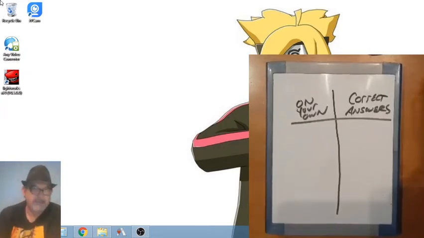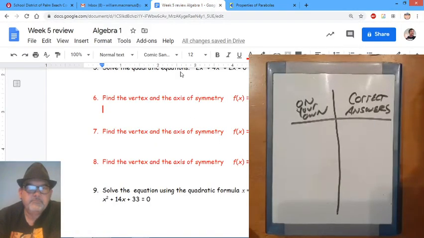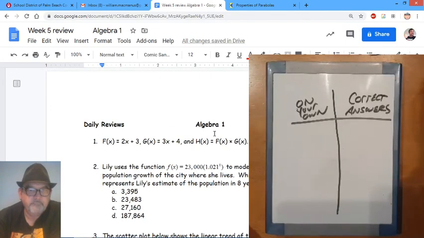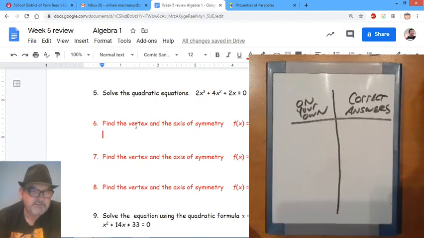However, check it out. This is the sheet right here. Here's your review sheet for tonight. These 3 questions that are in red ink, find the vertex and the axis of symmetry. It's exactly what we just did. Those 3 are extra credit.